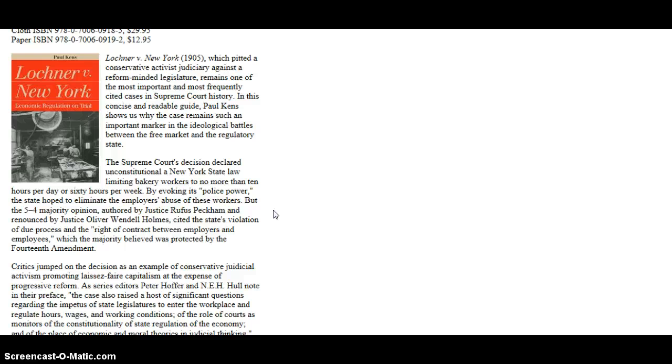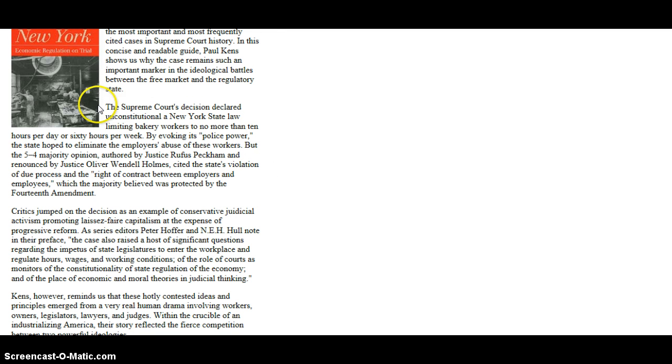Now remember, they'd also had a lot of Republican presidents. The presidents are the ones who appoint the judges, and the Republican Party had begun to become fairly cozy with big business. And in this case, if you look down here, the Supreme Court's decision declared unconstitutional a New York state law that had limited bakery workers to no more than 10 hours per day or 60 hours per week.